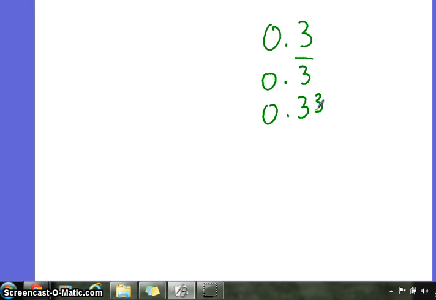Arrange these from least to biggest. Which one is the smallest number here? The normal 0.3, it's just 0.3.